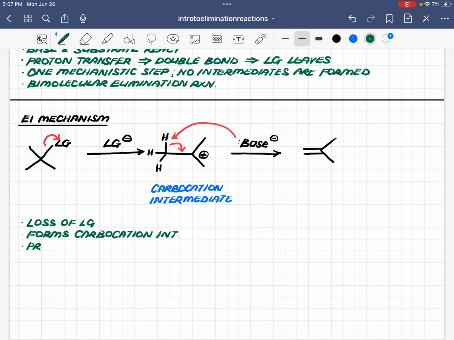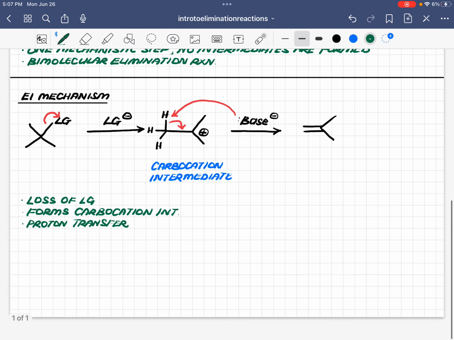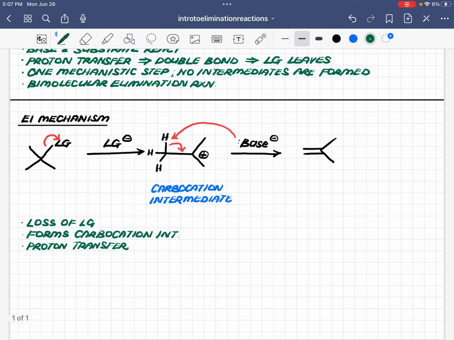A proton transfer then occurs via the base there, and this forms an alkene product. So this E1 reaction happens in 2 steps, where a carbocation intermediate is formed in between.